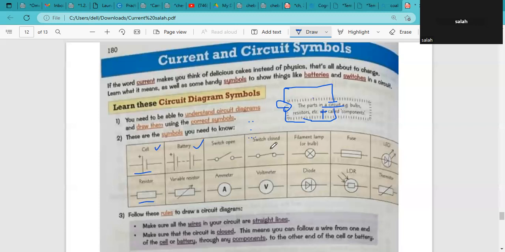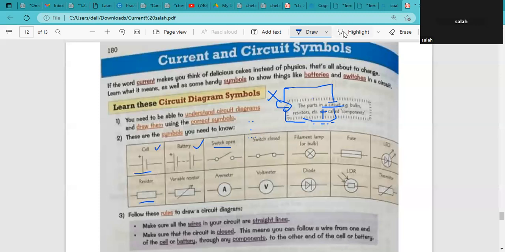Okay, so we have the open switch symbol, which you can see, which means there is an opening. Then the current flow will not proceed from this portion. So that's why the bulb will not glow.